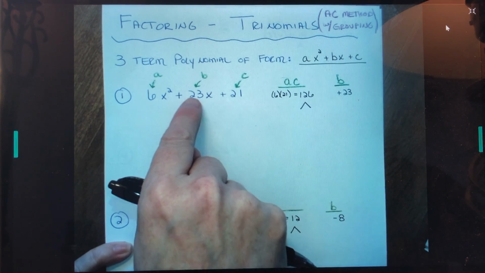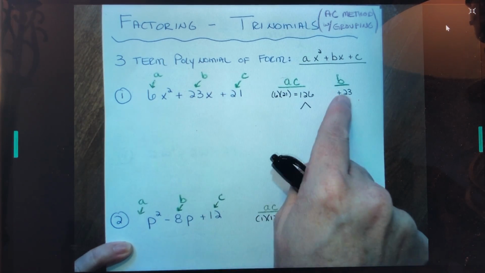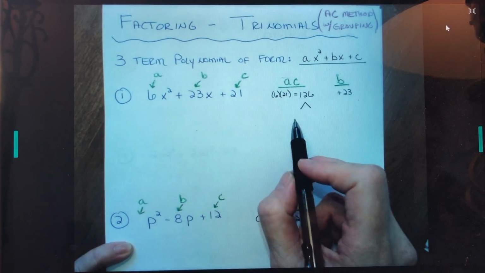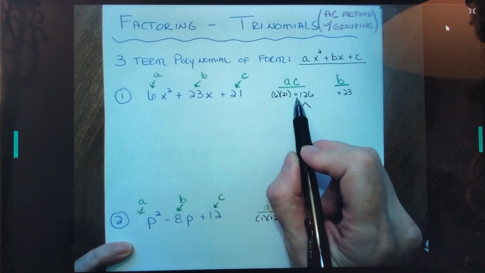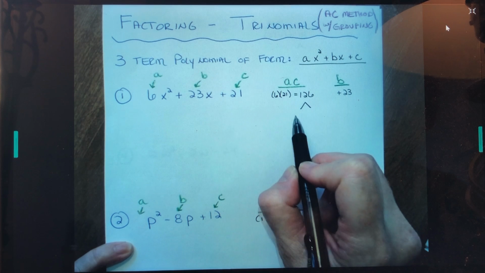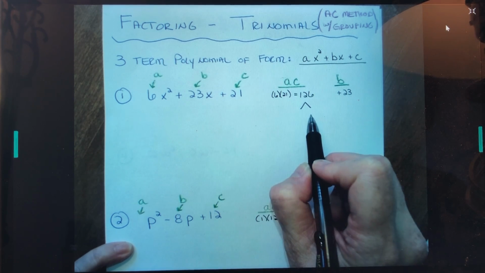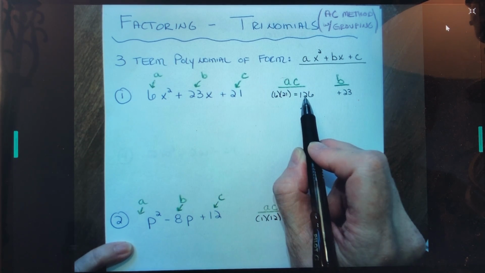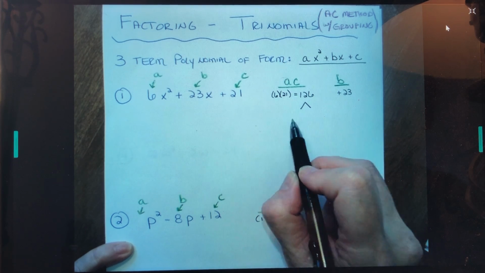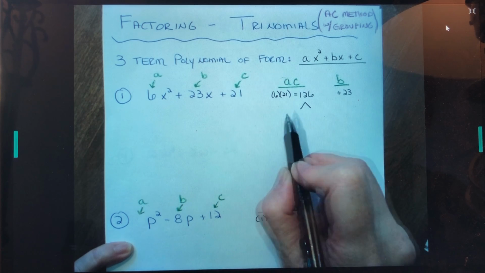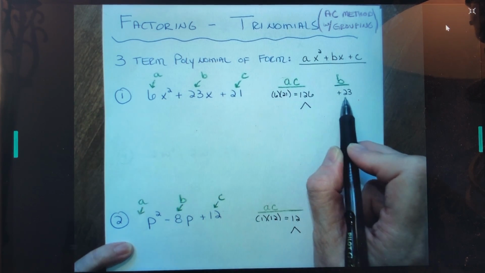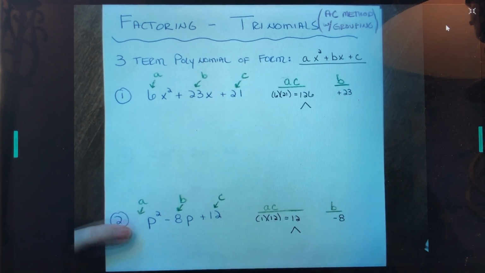Then we go grab that B and place it right there. We are going to come up with a list of factors of two numbers that multiply to get the positive 126, but when we add those two numbers together, we're looking for the combination that adds to give us the B. This will make more sense as we do some examples.